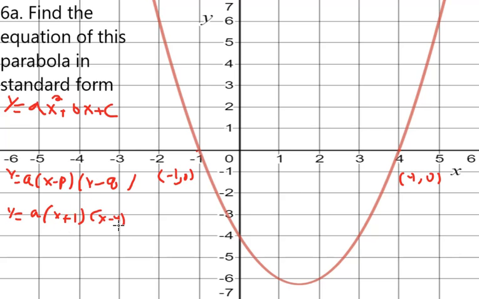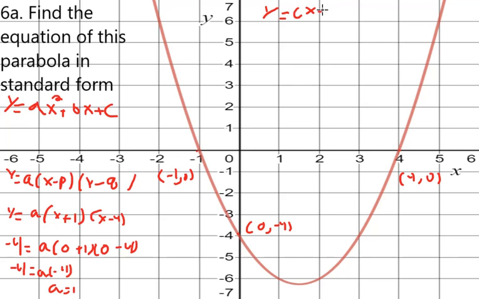Now I just need to figure out a. Let's take this point here, which is (0, -4), and plug that into our equation. We get -4 is equal to a times (0 plus 1) times (0 minus 4). It's very important that I chose a point that I had not already used. So -4 is equal to a times -4, which means that a equals 1. So my intercept form is y equals (x plus 1) times (x minus 4).